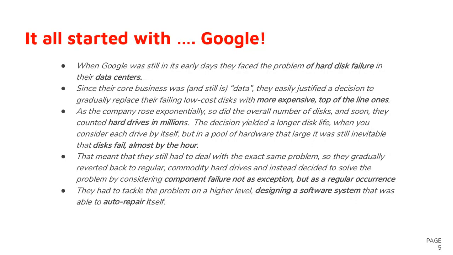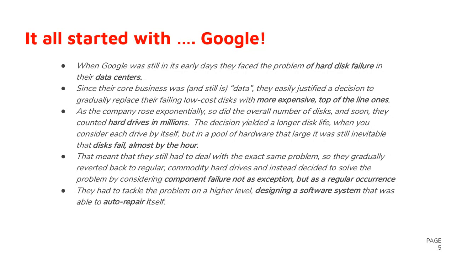Yeah, the company grew. It has grown a lot since then, and so the total number of disks soon counted in the millions. So if you have 100 expensive disks, the chance that one is going to fail on a certain date is small.